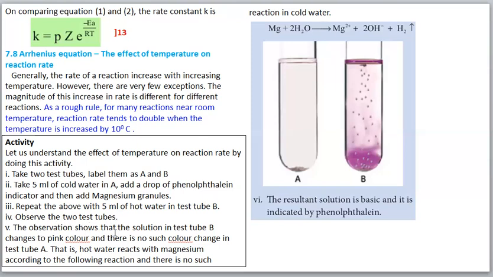The observation shows that the solution in test tube B changes to pink color and there is no such color change in test tube A. That is, hot water reacts with magnesium according to the following reaction and there is no such reaction in cold water. At low temperature, no reaction. At high temperature, the reaction occurs. The resultant solution is basic and it is indicated by phenolphthalein.